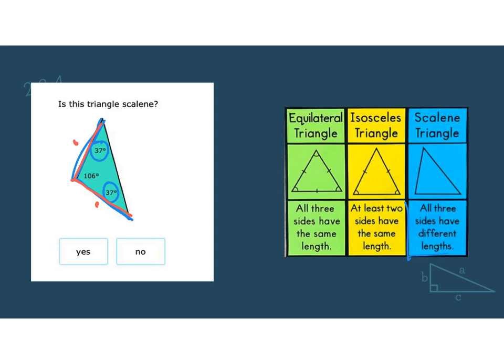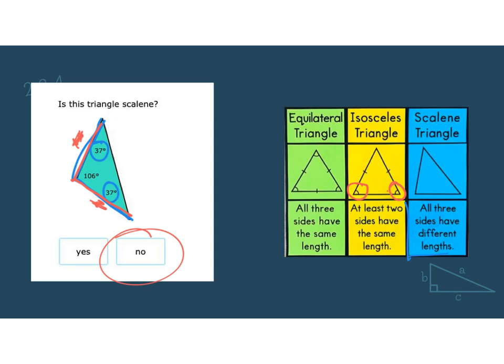So this actually would not be scalene because this side and this side have the same measure. So the answer is no, it's isosceles. If we also look at these little symbols right here, they mean two equal angle measures in the corner, so we know that is also true.